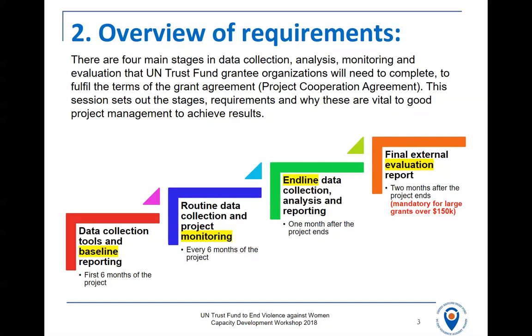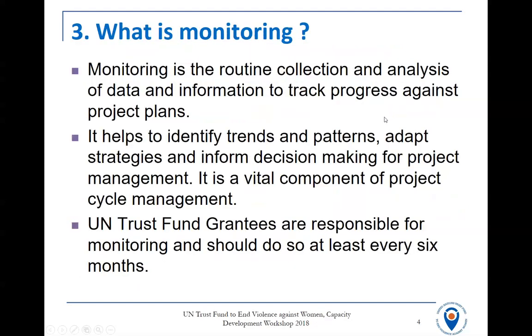Today's session, I'm going to focus on the baseline predominantly, and that starting point of how you start preparing for data collection. But we will have other sessions on the other stages.